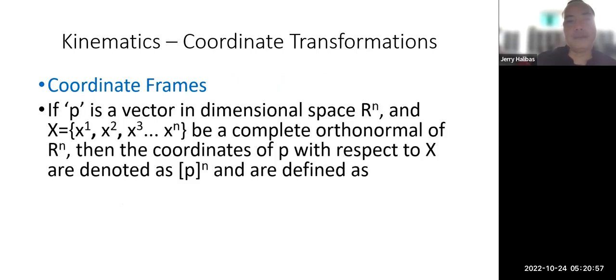So coordinate frames. So if P is a point in the space, it is a vector, no? In dimensional space R to the n. And X, which are a set of axes or the coordinate system x1, x2, x3, and so on and so forth, be a complete orthonormal basis of Rn.